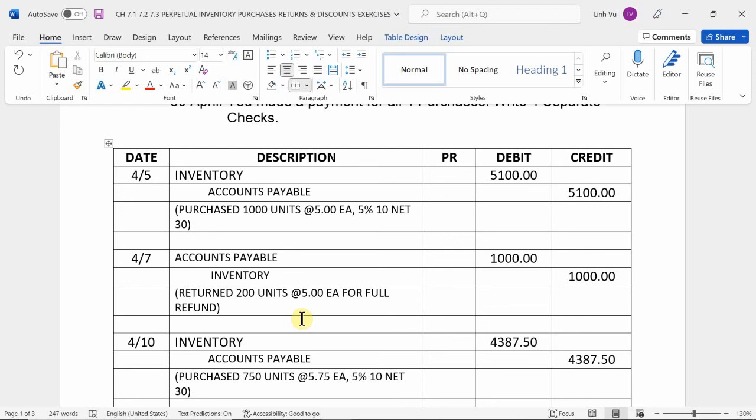So are you going to send in a check for $4,100? Correct, for the first purchase, right?